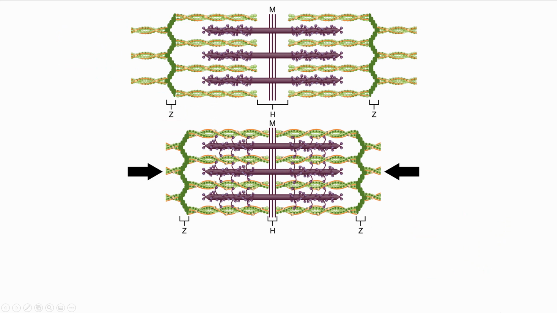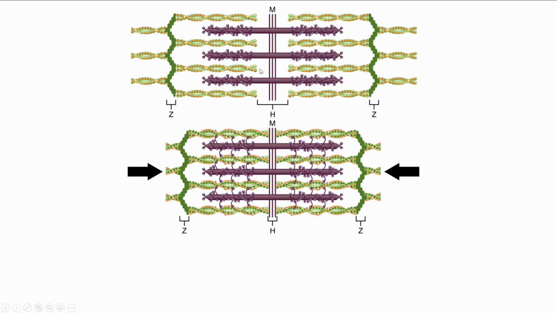Put it all together, here's roughly what we're looking at in the level of a sarcomere. What you're seeing here on the top of the screen is a muscle cell at rest. This is a sarcomere at rest. You have the thick filament right here in the middle, and you can see the thin filaments around the outside.